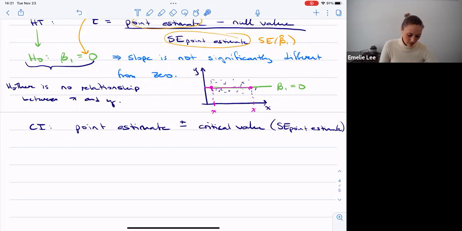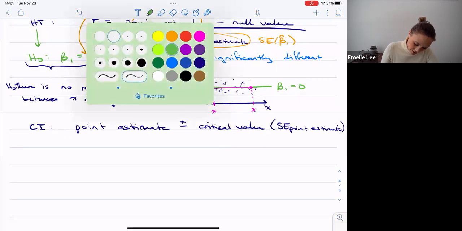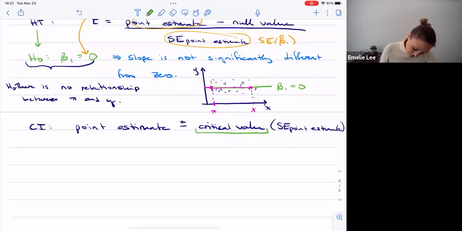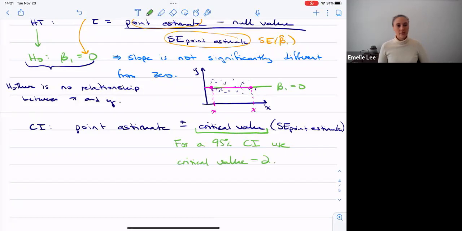So here, for a 95% confidence interval, use a critical value equal to 2, if calculating by hand.